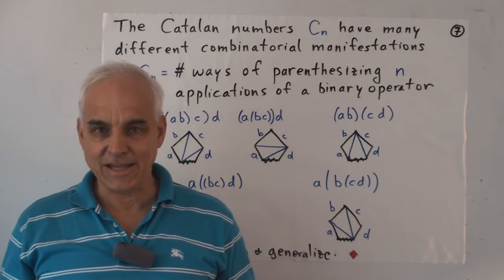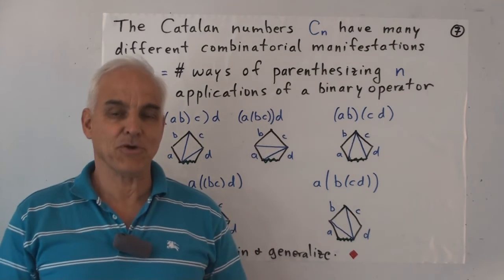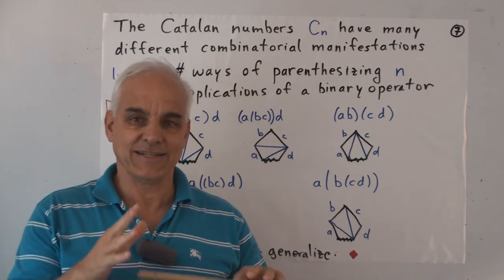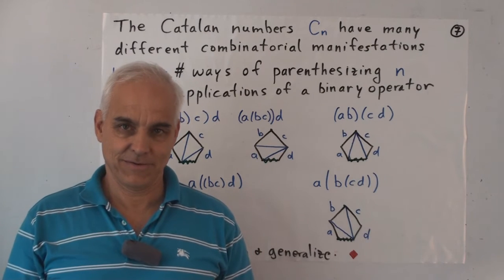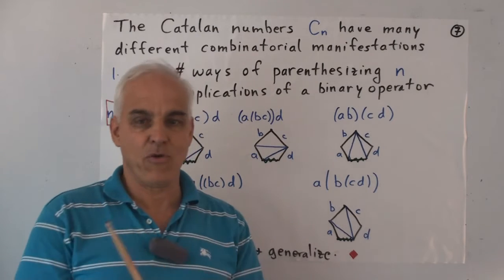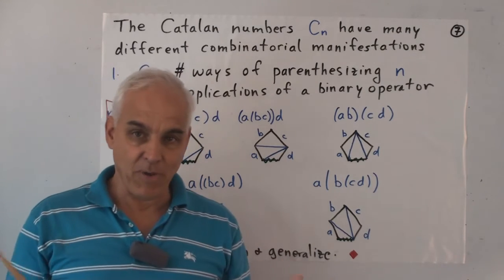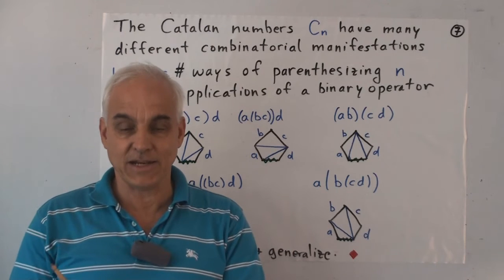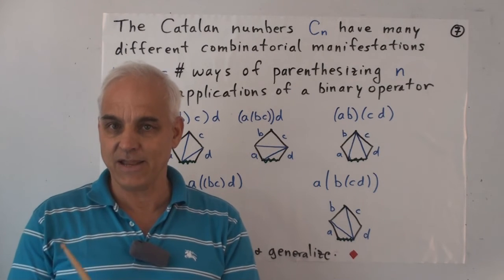So what makes the Catalan sequence so enticing is that there are so many different ways of arriving at essentially the same sequence. Euler's original formulation in terms of triangulation of a polygon is only one of many, many, many different ways that combinatorialists now understand this sequence.